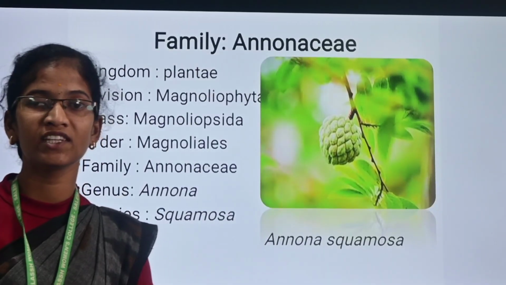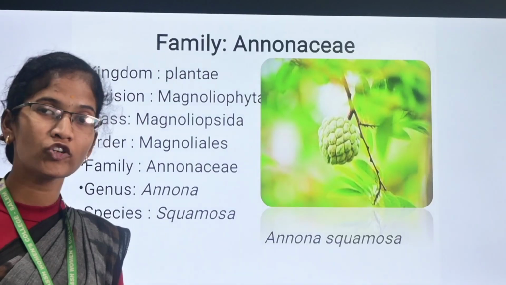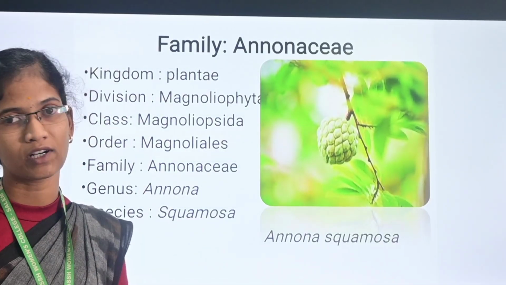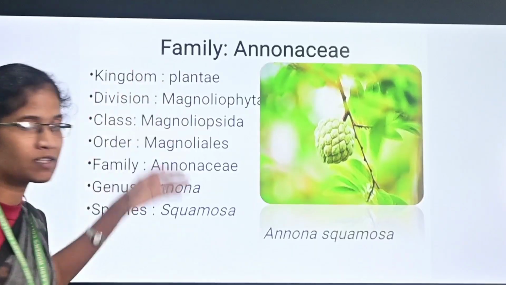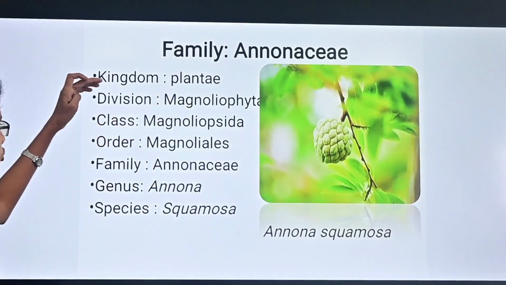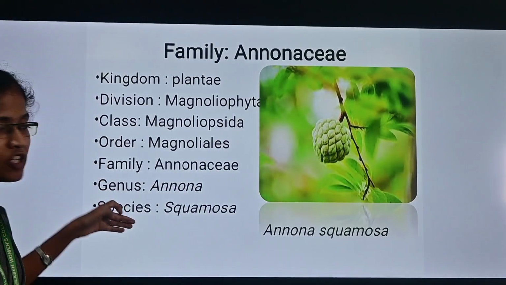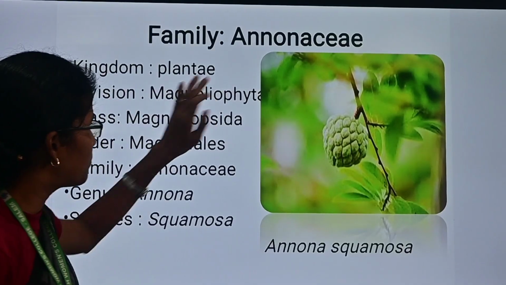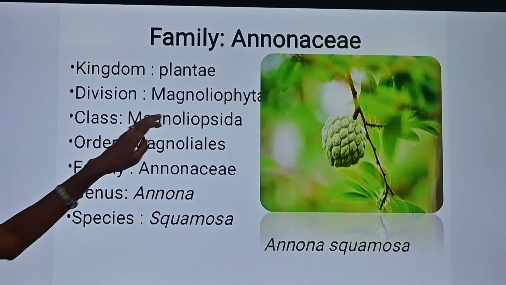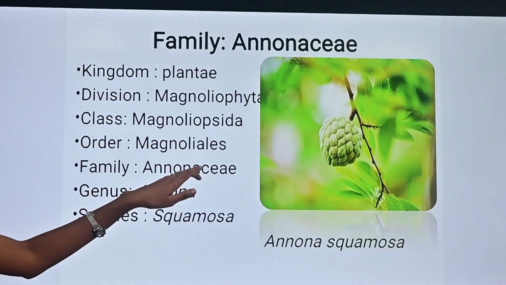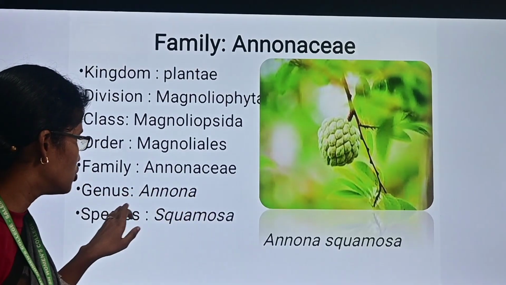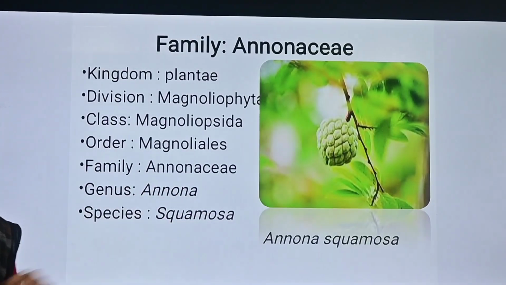Next we are going to see about the family which is the largest family present in the dicotyledons. For a family, we have a systematic position according to kingdom, division, class, order, family, genus and species. Kingdom Plantae, division Magnoliophyta, class Magnoliopsida, order Magnoliales, family Annonaceae, genus Annona, and species squamosa.